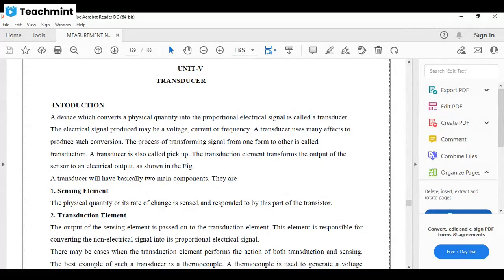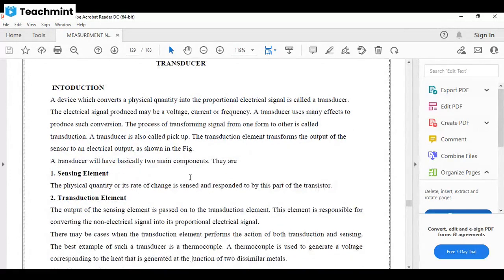Okay, and I am taking the class of transducer. What is a transducer? Actually, a transducer is a device which converts a physical quantity into a proportional electrical signal.